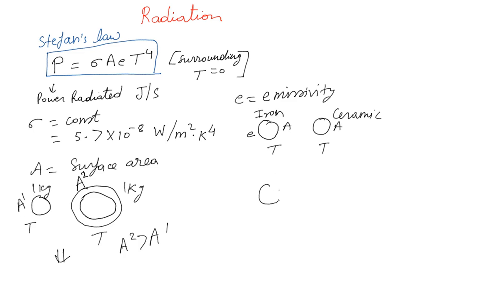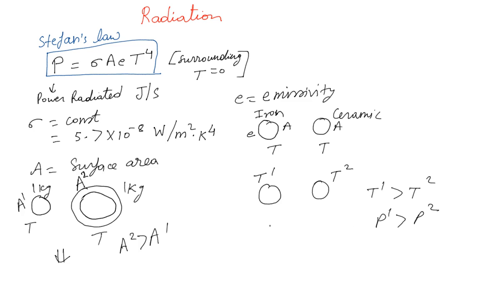Also, if you have a case when the same balls are there, same material, which means same E and same area, the radiated power is going to depend on which is at a higher temperature. So if this is T1, this is T2, we will see that if T1 is greater than T2, then P1 will also be greater than P2.